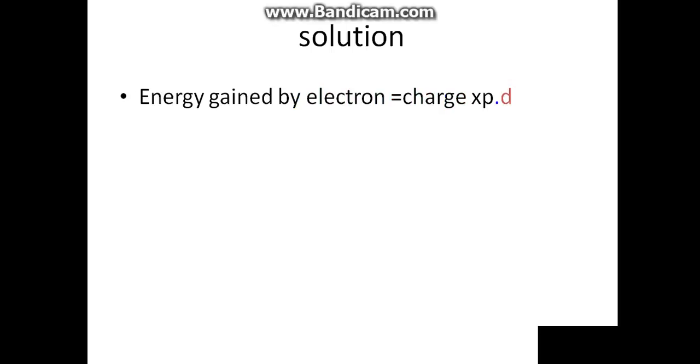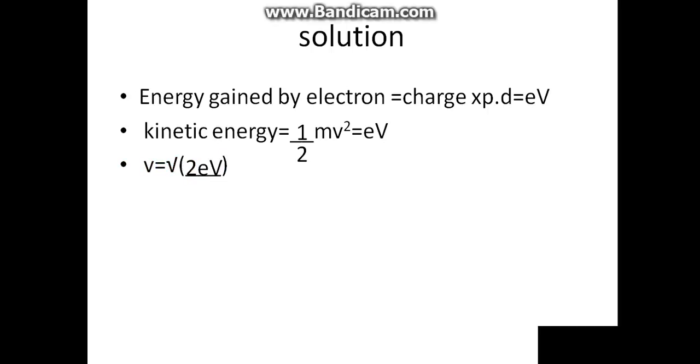Solution. Energy gained by the electron is equal to charge times potential difference, which is equal to eV. Kinetic energy is equal to half mv squared, which is equal to eV. v is equal to the square root of 2eV over m.